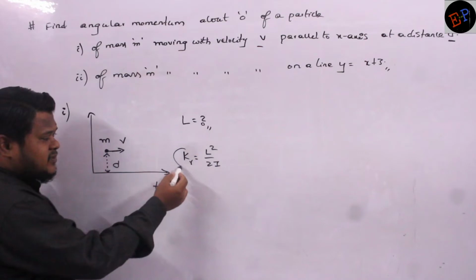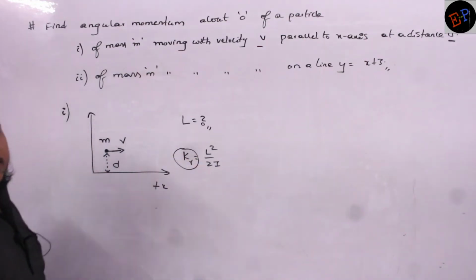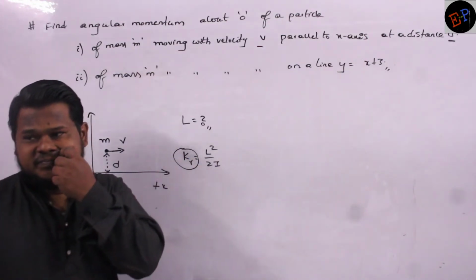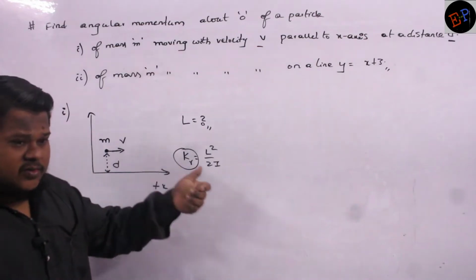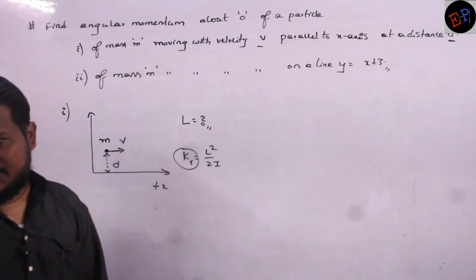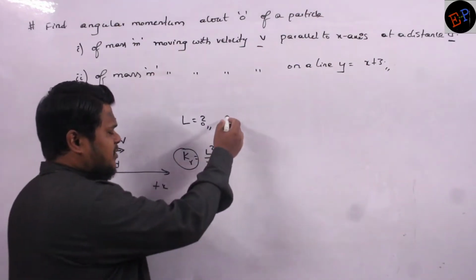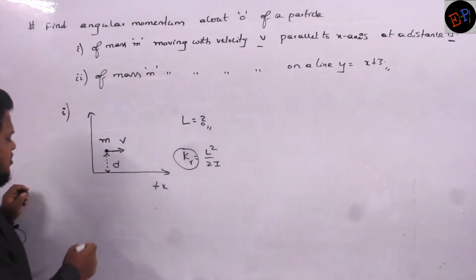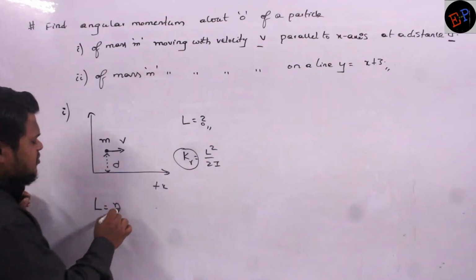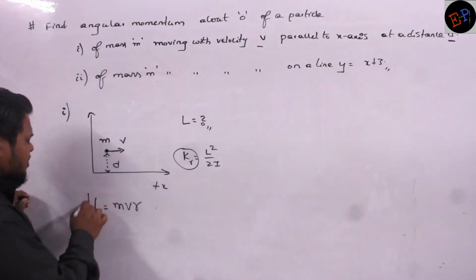It is not rotating, so this formula we cannot use. Any other formula? Angular momentum is equal to mvr. This formula is also there, no?